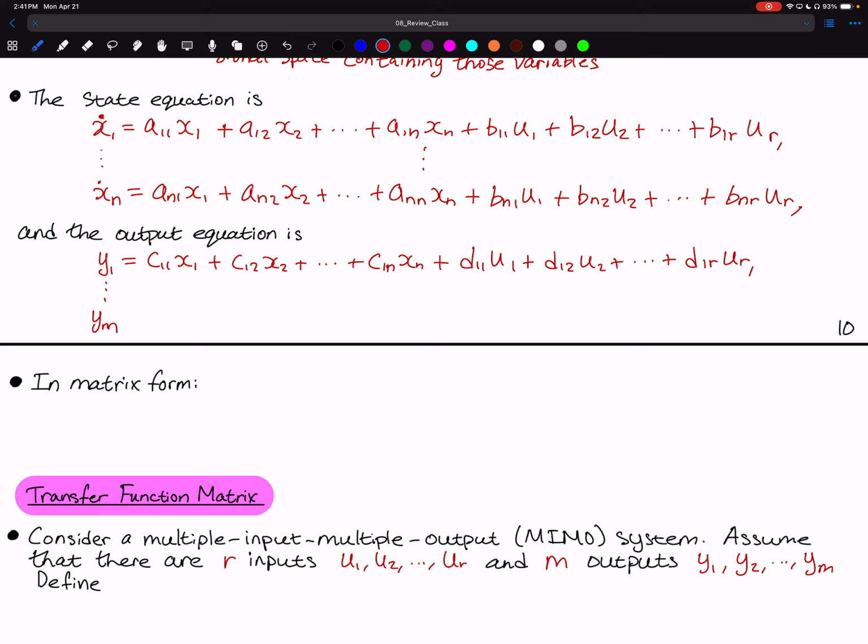This is going to be equal to cm1 x1 plus cm2 x2 plus dot dot dot plus cmn xn plus dm1 u1 plus dm2 u2 plus dot dot dot plus dmr ur.